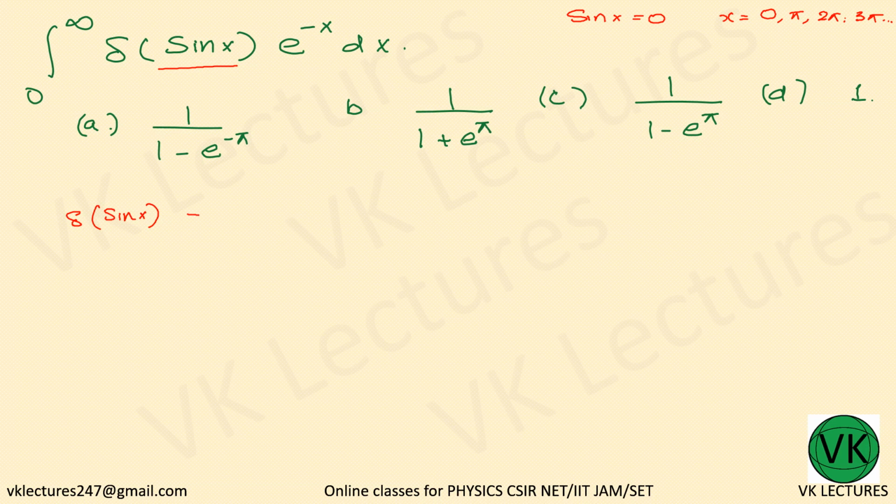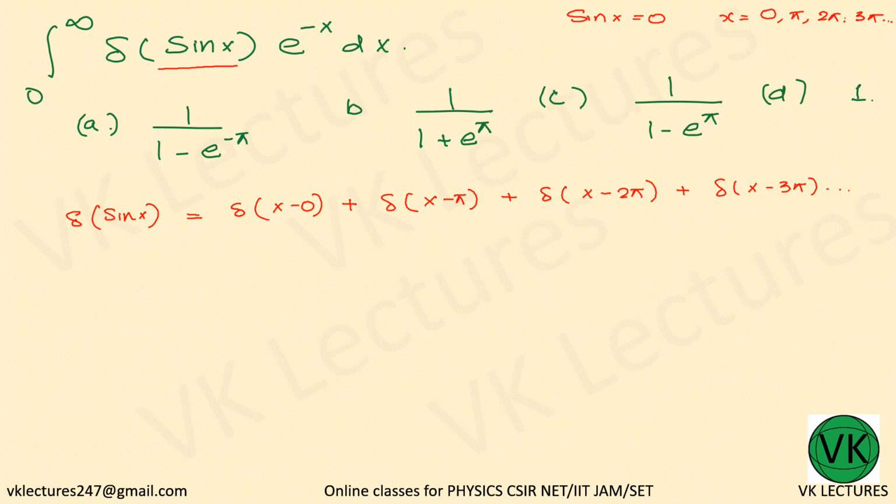So delta of sin x I can write as delta of x minus 0, that is the first solution, plus delta of x minus pi plus delta of x minus 2 pi plus delta of x minus 3 pi, etc.